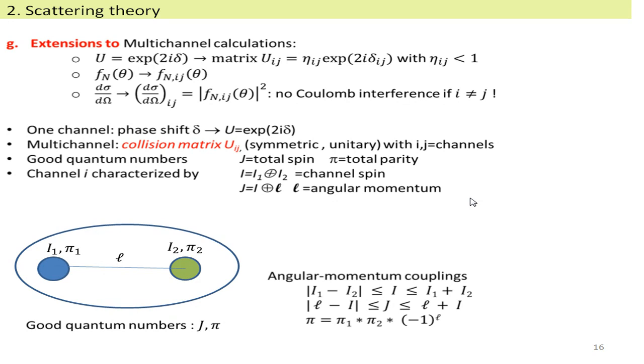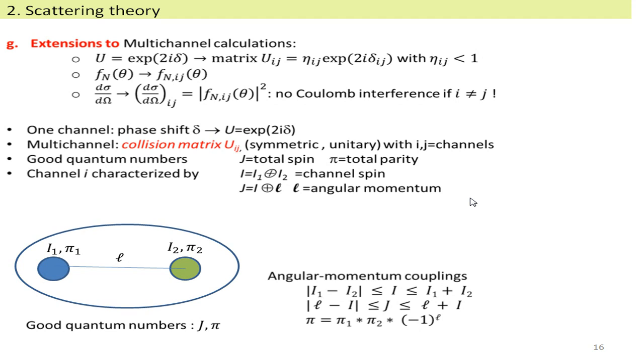And one of the nice things for inelastic channels is that the cross-section only contains the nuclear part. So there is no direct Coulomb effect, as there is in elastic or transfer cross-sections. So this collision matrix or scattering matrix is symmetric and unitary. And now the good quantum numbers which are associated with the system are the total spin and the total parity.